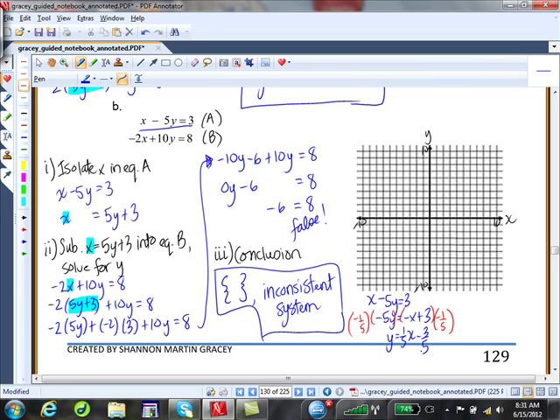The green line, well, we'll go ahead and finish the graph. So m is positive 1 over positive 5 or negative 1 over negative 5, whatever you want to do. And the y-intercept is going to be 0, negative 3/5. So 0, negative 3/5 will be just below the 0, negative a half.